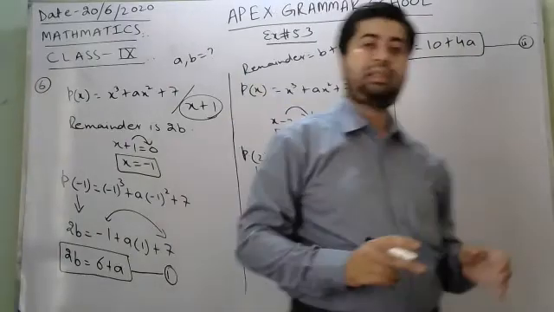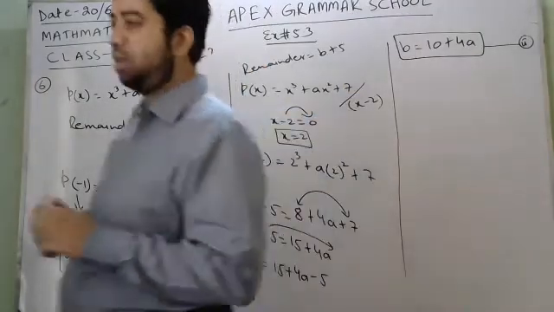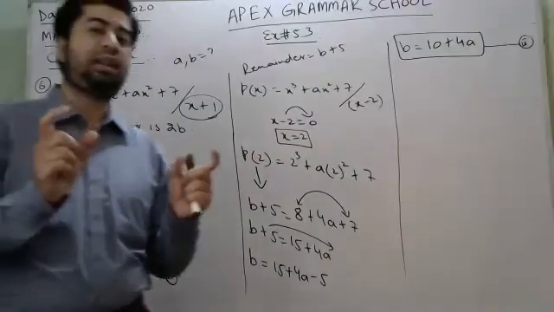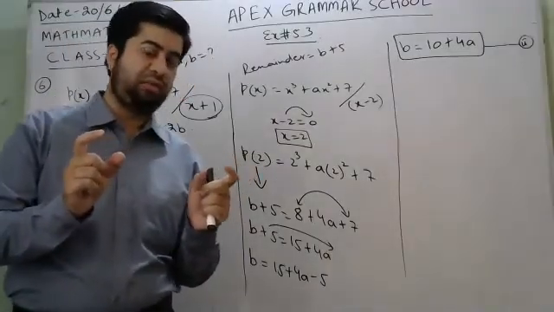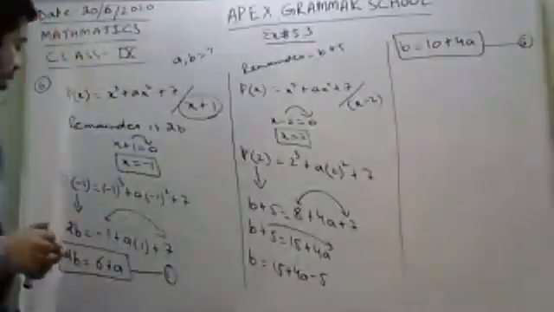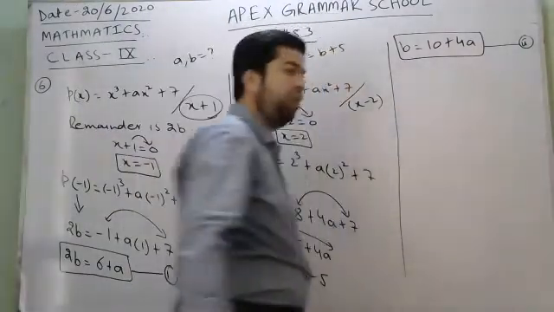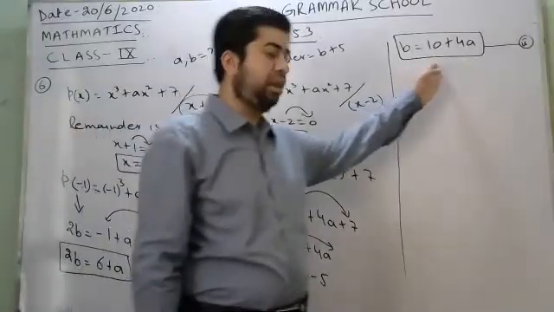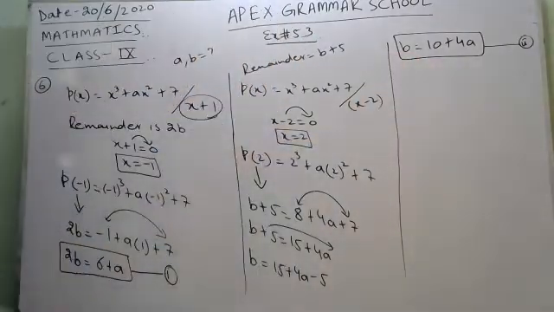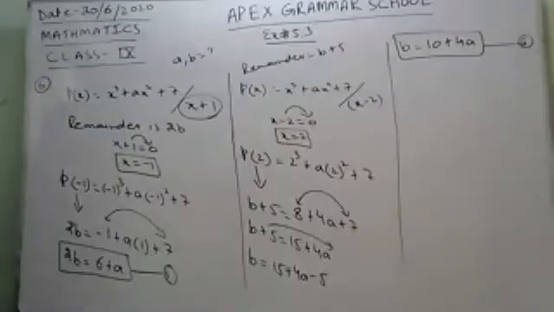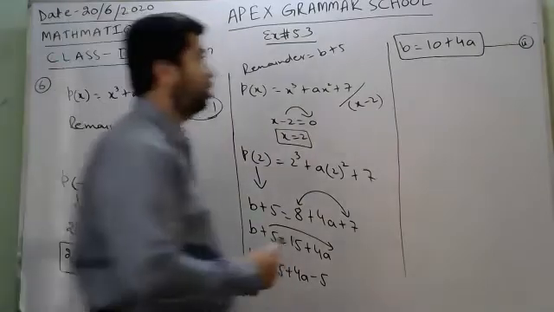These are simultaneous equations. Simultaneous equations: both equations contain the same pair of variables, with the same power or sometimes not. b and a here and also b and a here. If we put this value of b in equation number 1, then we can easily get the value of a. So we are going to solve it.